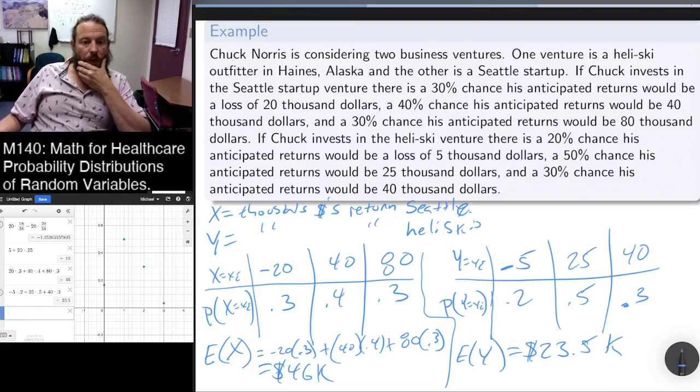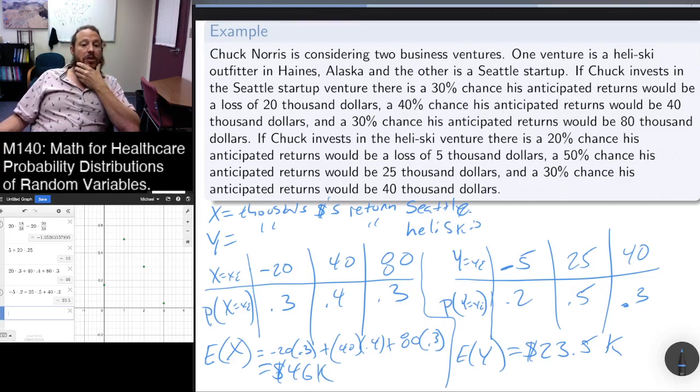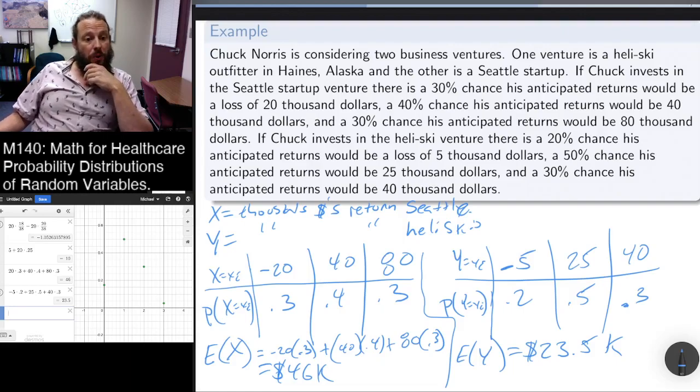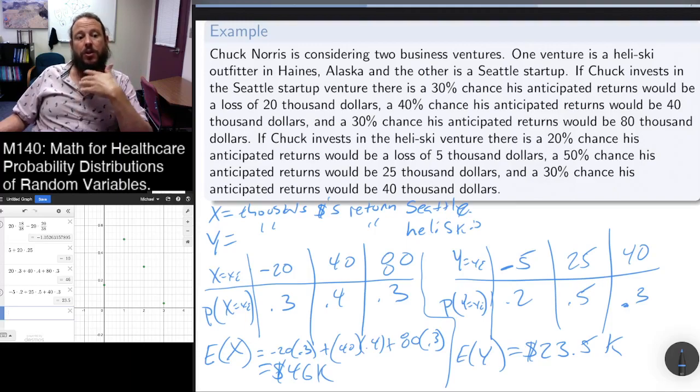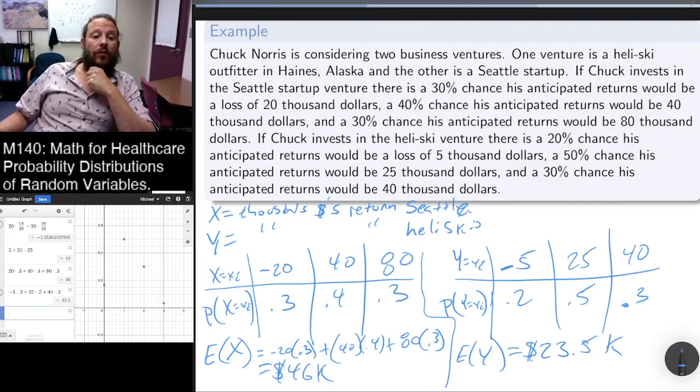All right. So at first look, as far as expected value, that's pointing towards a higher expected value. So on average, if you did this a number of times, you'd end up with a higher value from the Seattle startup. Now, let's think about this.